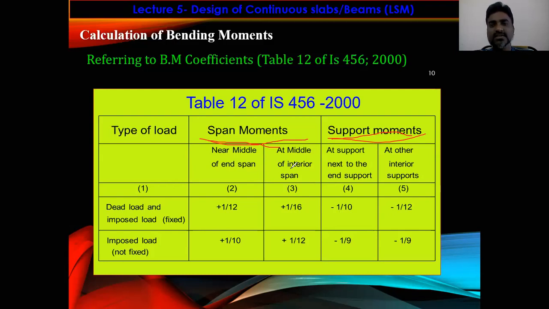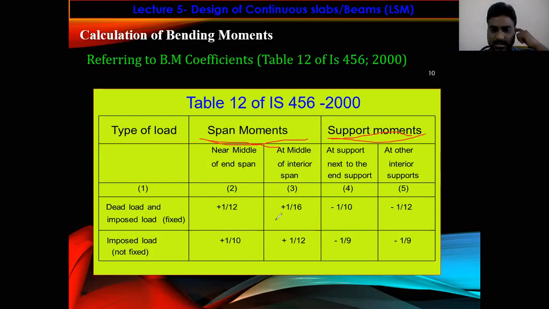If it is safe at the maximum, automatically it will be safe in other cases, right? So for span moments, I can calculate the maximum.